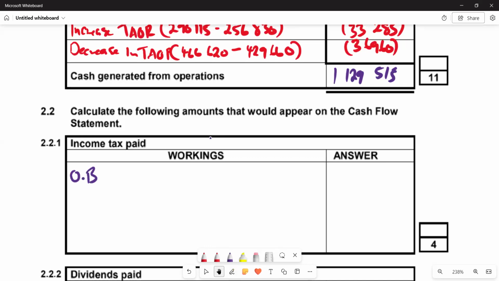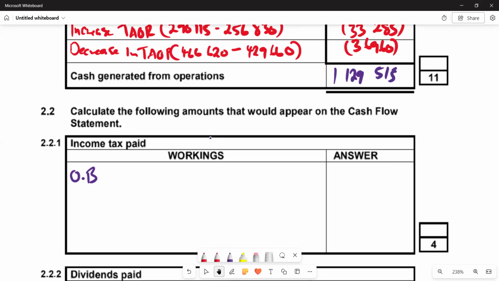If it's having an opening balance on the credit side, and then we have also the closing balance, that is our balance c/d on the debit side.